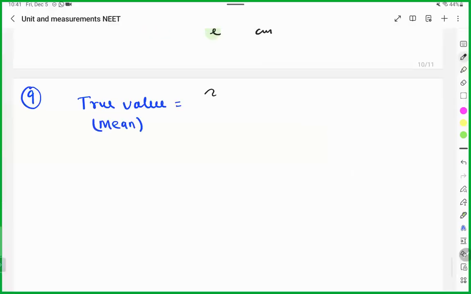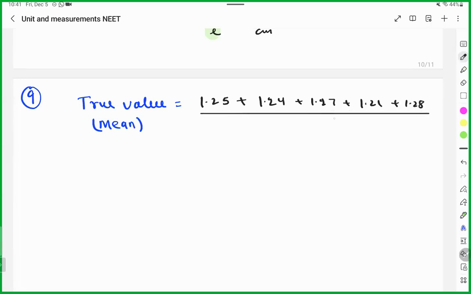Divide by the total number, which is 5. If you add them, you will get 6.25. Divide by 5. This is your true value. Okay, TV, true value.